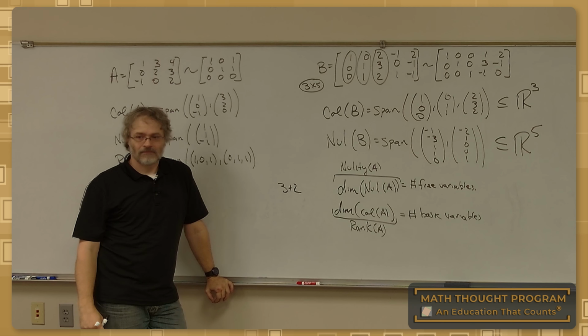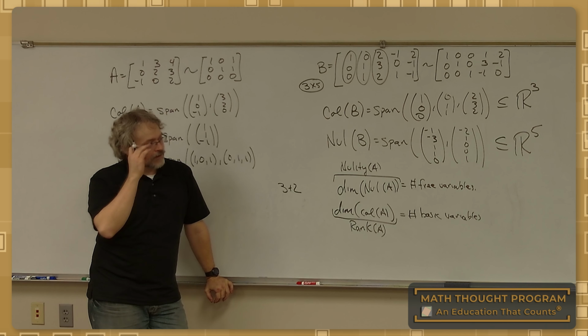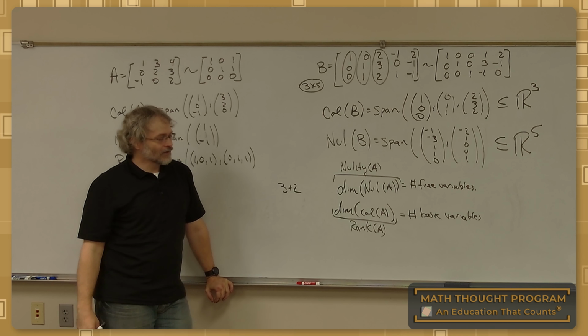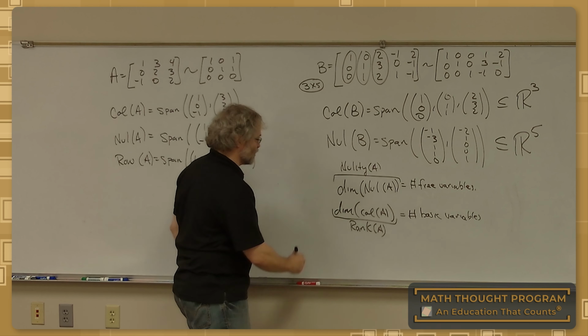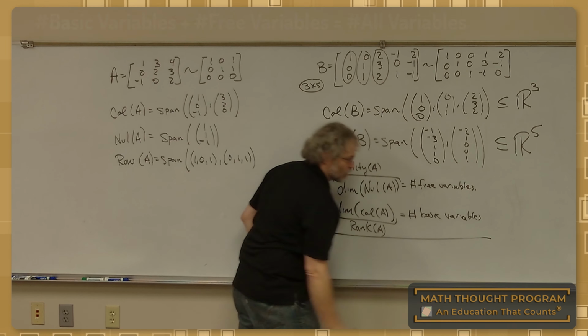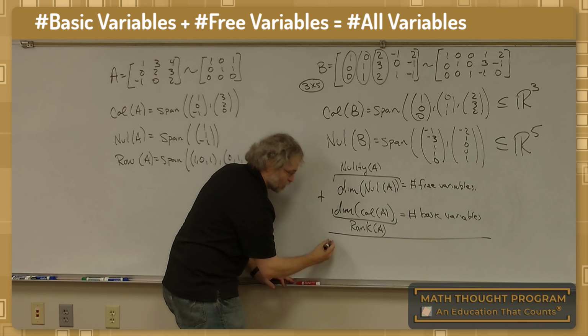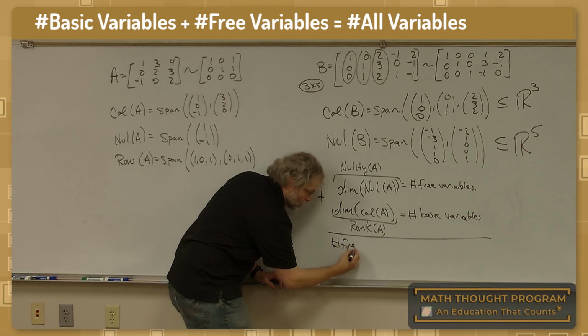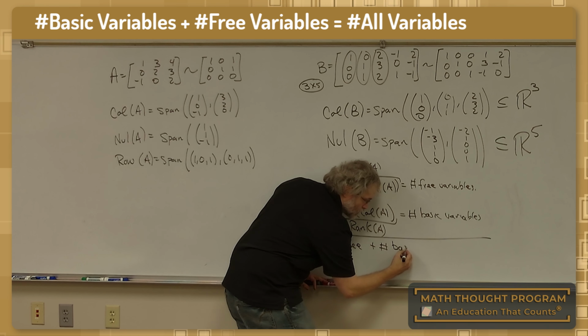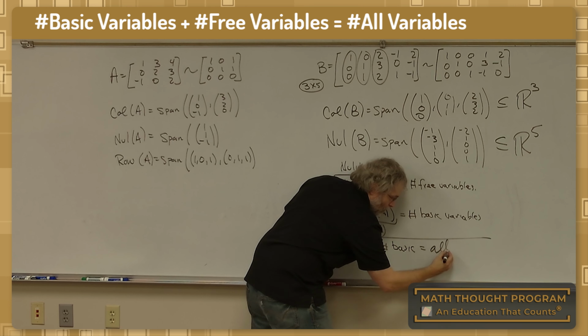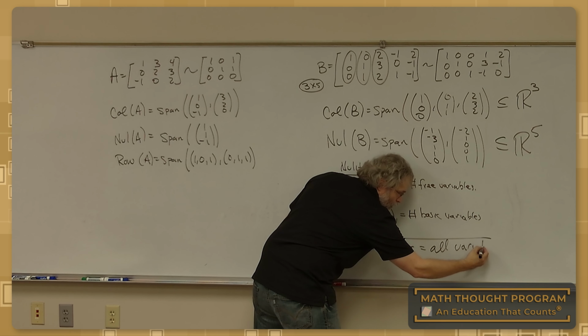What would you get? 5. How many columns do you have? So you either have free variables or you have basic variables, and if you add these up, you have the combination of all free variables plus all the basic variables, and what you get is all variables.